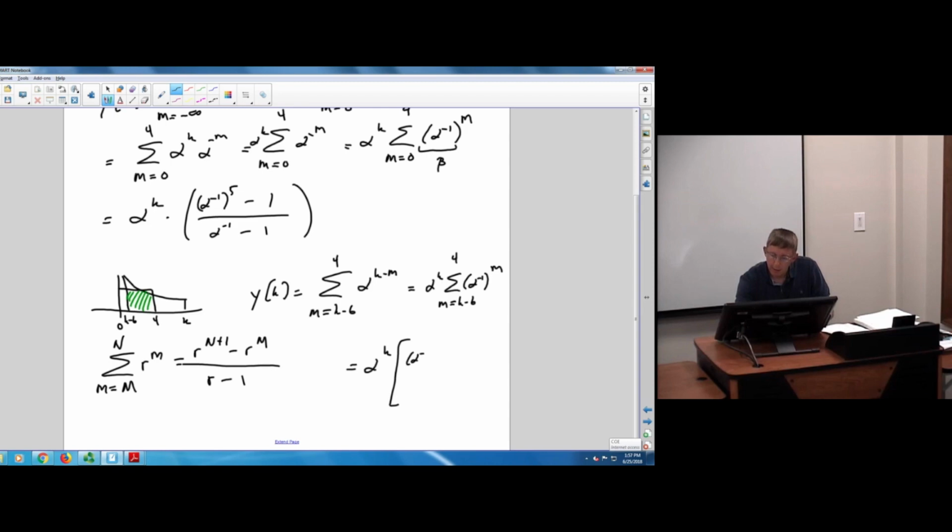And then when I do alpha to the negative 1, I need to raise this one to the top limit plus 1, so that'd be 4 plus 1, then subtract off the bottom limit itself. The bottom limit itself is k minus 6. There we go. We can spend a lot of time simplifying this to make it look nice, but I think just being able to evaluate from the table is the most important part.